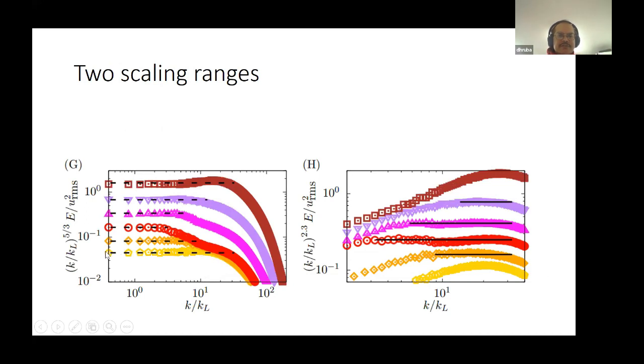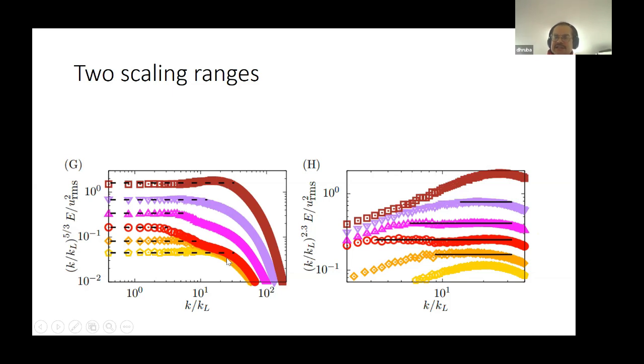So you see, for small Deborah number, there is a reasonably large straight line, almost a decade. So you have Kolmogorov behavior up to a decade. And then as Deborah number increases, the Kolmogorov behavior decreases. In the red one, it is quite small, and then increases again. There is non-monotonic behavior. But this is what happens at small k.